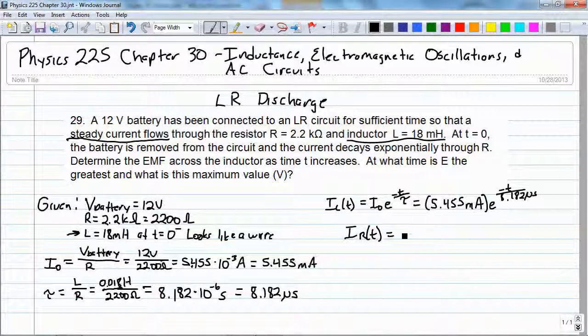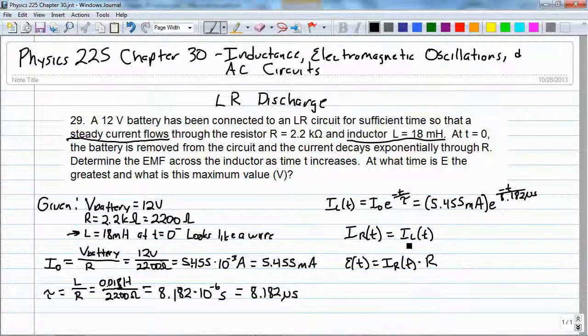The current through the resistor is just going to be equal to I_L as a function of t, and the potential induced is going to be equal to the current in time through the resistor times the resistance.